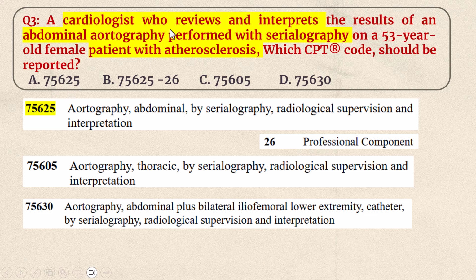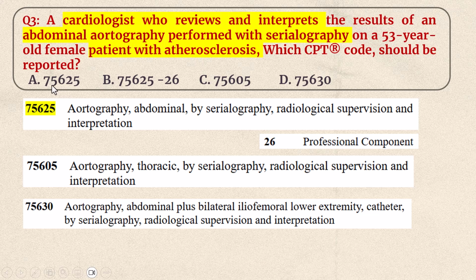Here a professional component is involved. So do we need to add the professional modifier 26 for the professional component? Keep in mind that the code itself says the professional part. For example, here you can see radiological supervision and interpretation. So the interpretation part is already included in the code, and there's no need for an additional modifier.